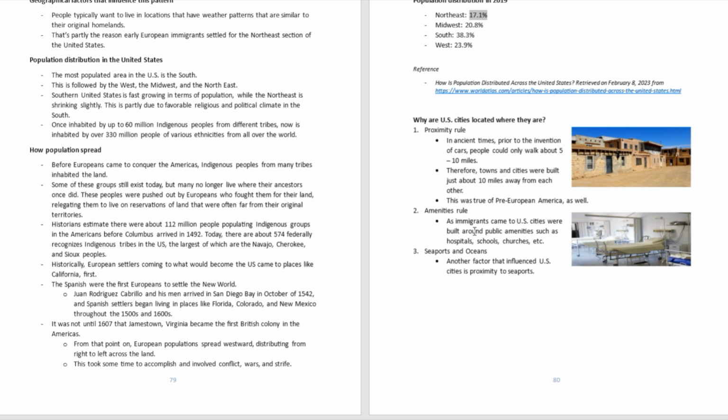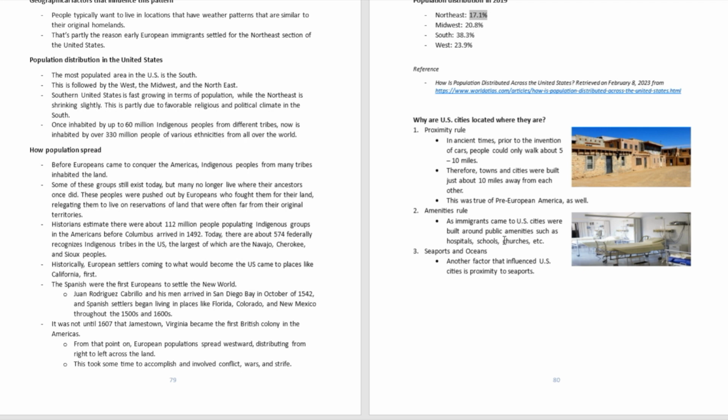Another reason people are located, or stay, in cities is easy access to amenities. You're talking about public amenities like hospitals, schools, and churches, which are public centers that people are going to use. Most times people try to build homes around public amenities as well.